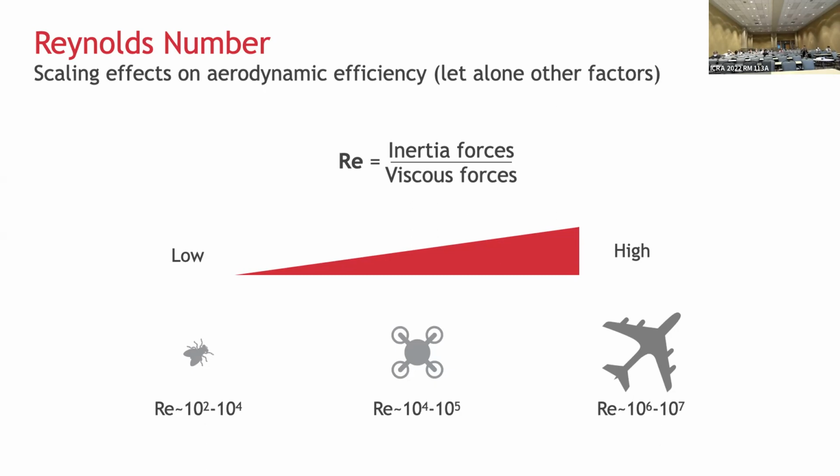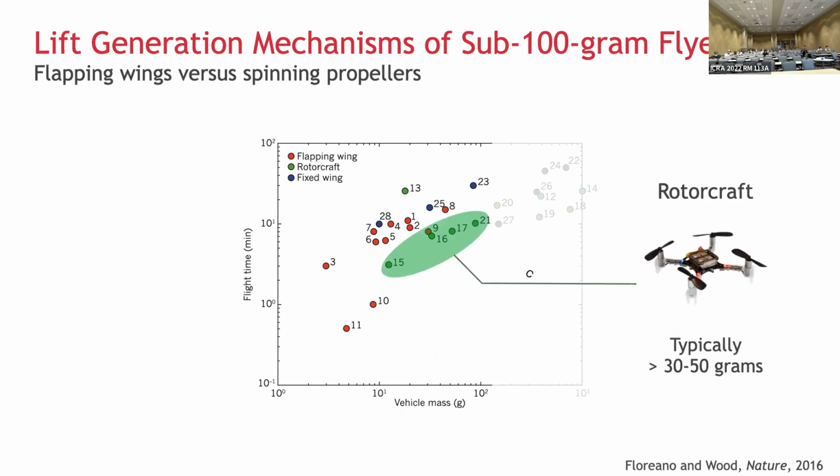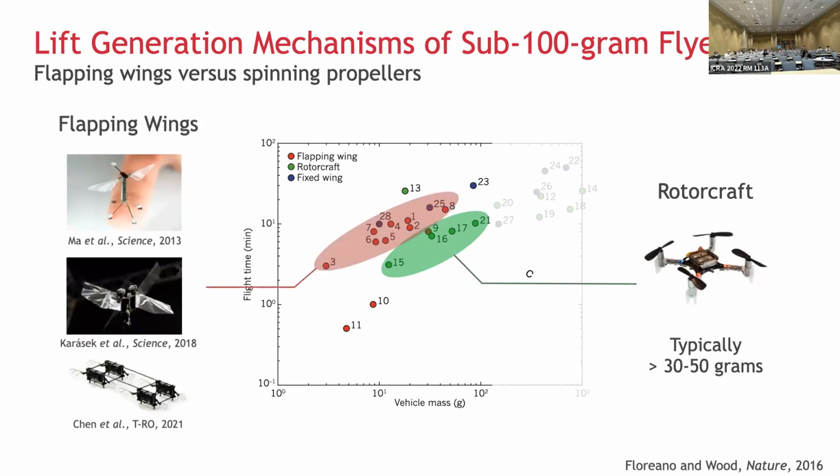Now, apart from this though, or because of this, we can also come back to take a look at this plot again. Apart from the trend that I pointed out earlier, you could also see, if I highlight, the separation between two types of flyers, and now I'm focusing on the scale between 10 grams to 100 grams. So let's talk about something larger first, quadcopters.